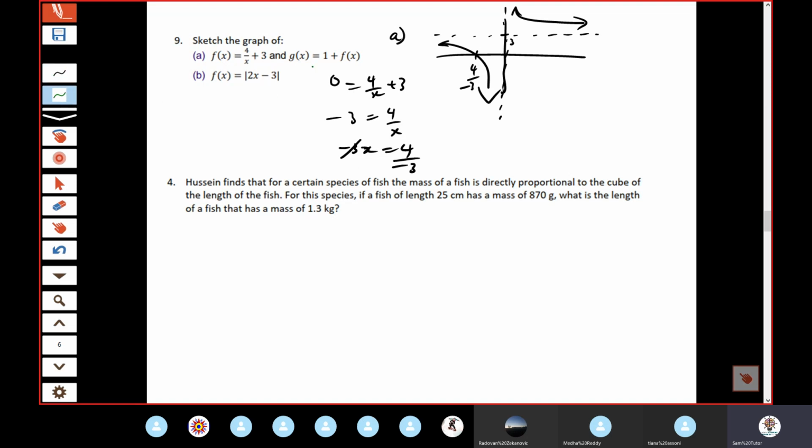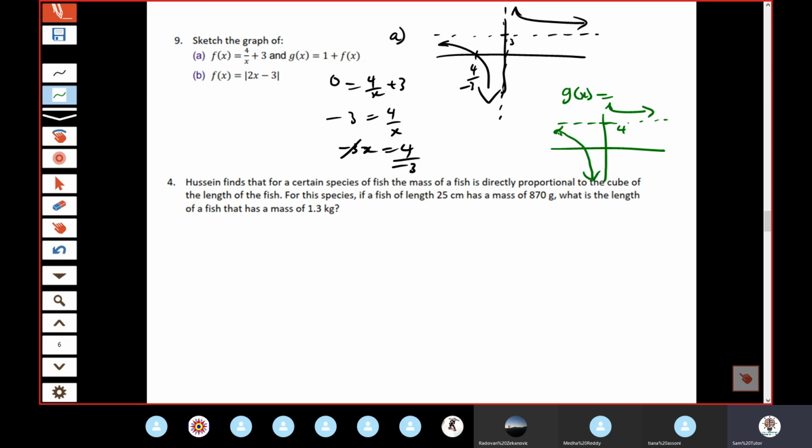How do we find g of x, which is 1 plus f of x? Well, now that you have your f of x, 1 plus that just means shift the whole thing up 1 again. So for g of x, your asymptote's not at 3 now, it's at 4. Did we draw on the same? Oh, you don't have to. There it is, and there it is.